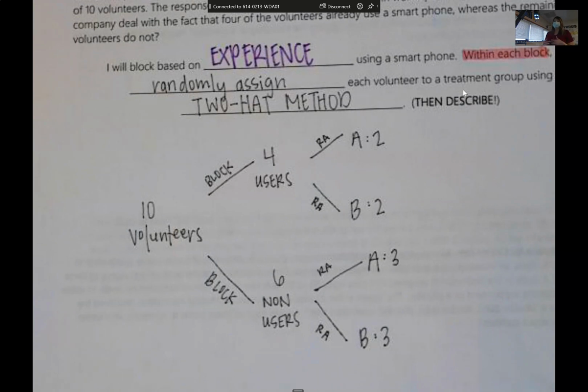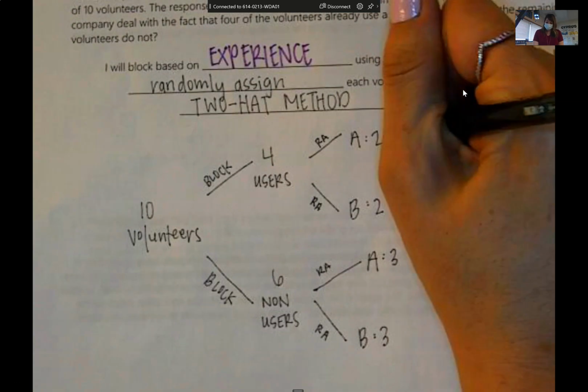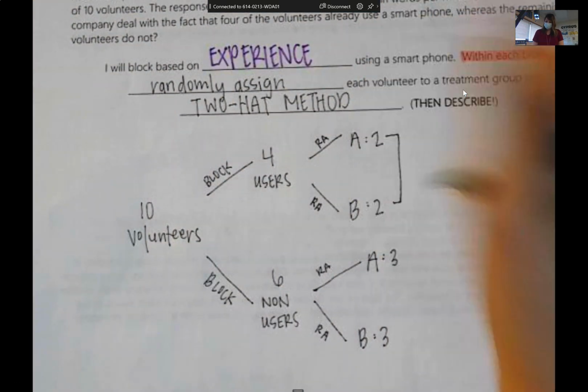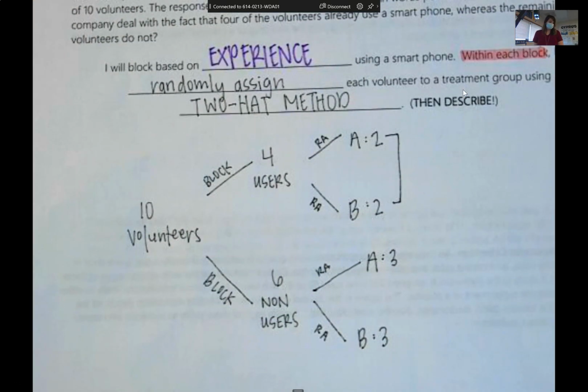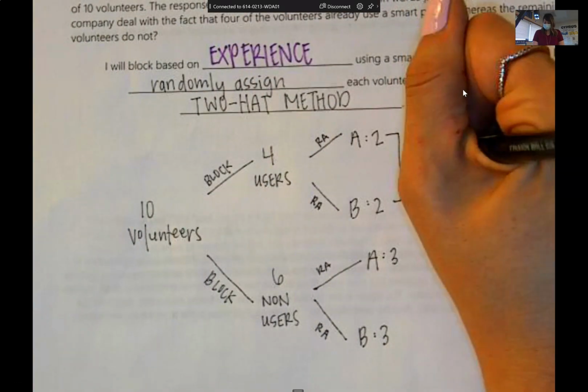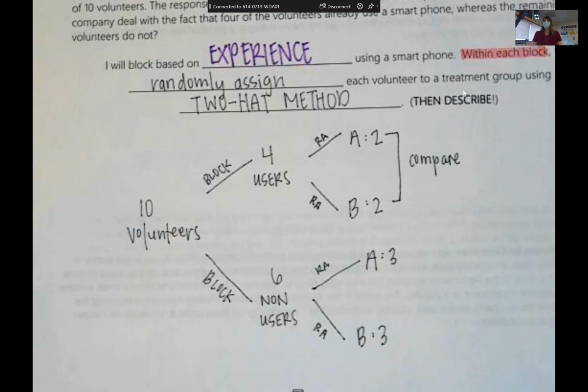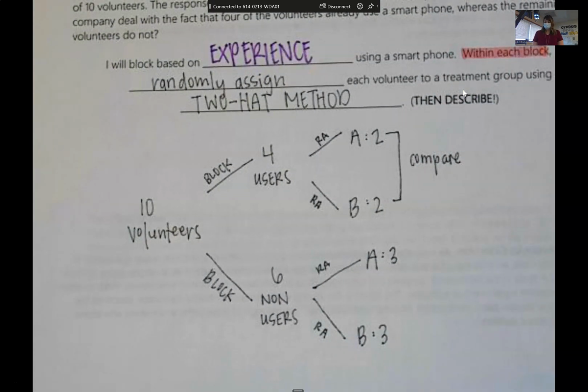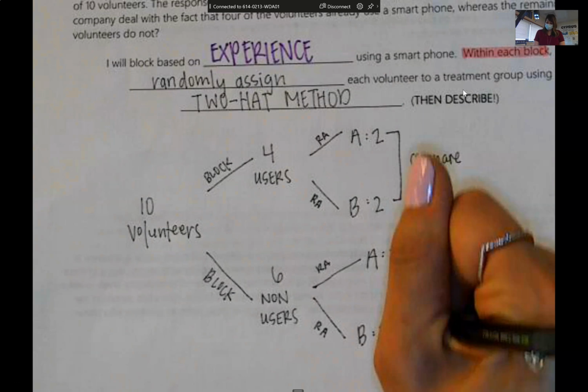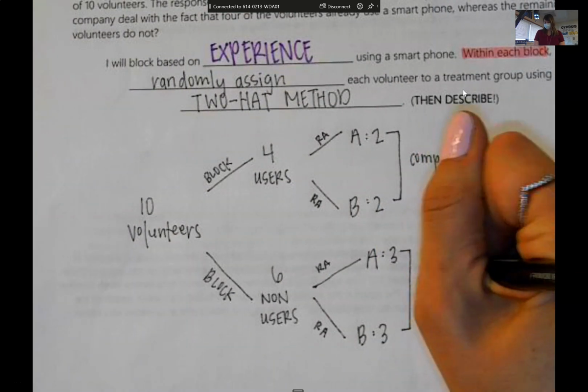Then, after they do the experiment with the keyboards, you want to compare the users against each other. So which keyboard allowed them to type faster? You'll compare the non-users with each other.